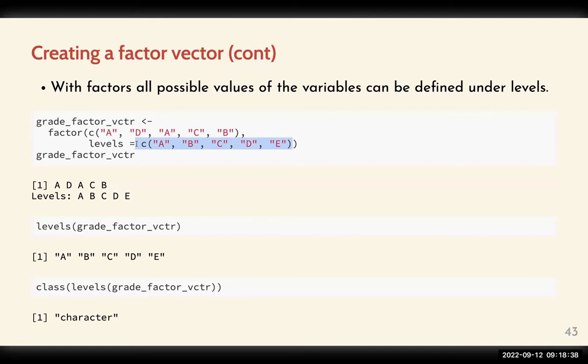Here, A, B, C, D, and E are the possible values that the variable grade_factor_vector can take. My observed values are A, D, A, C, B. I haven't observed the value E for anyone, but it is a possible value that this variable can take.